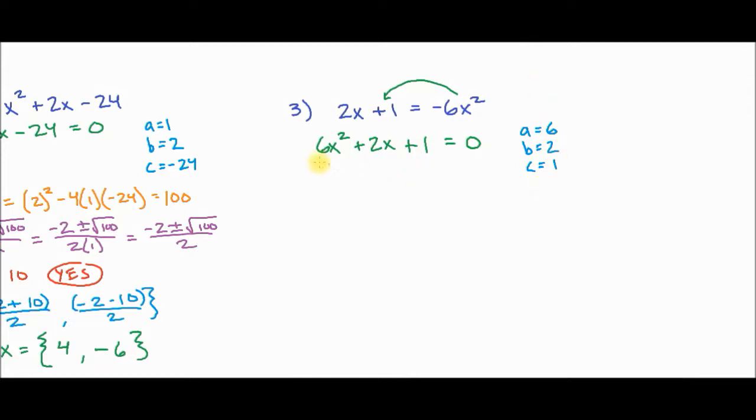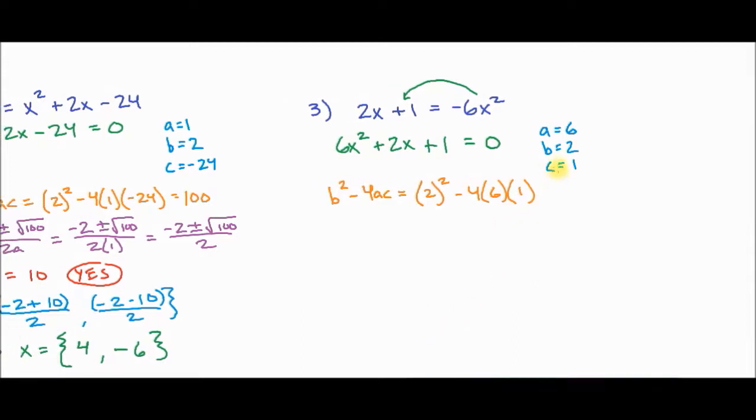Alright, first step, after getting them in order and finding a, b, c, the next step is to find the discriminant. And that is going to be found with this formula, b squared minus 4ac. Again, I'm going to write everything the way I would put it in my calculator. b is 2, so do 2 squared minus 4 times a, which is 6, times c, which is 1.